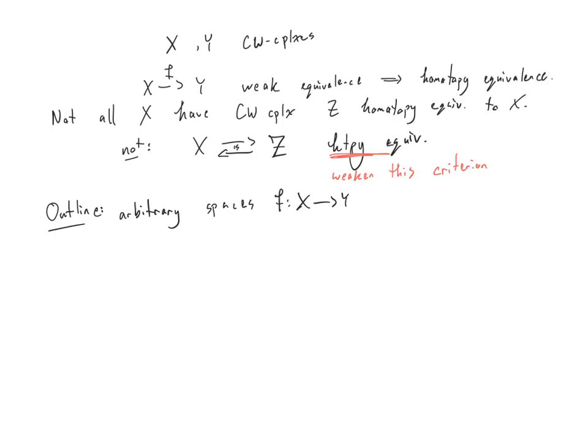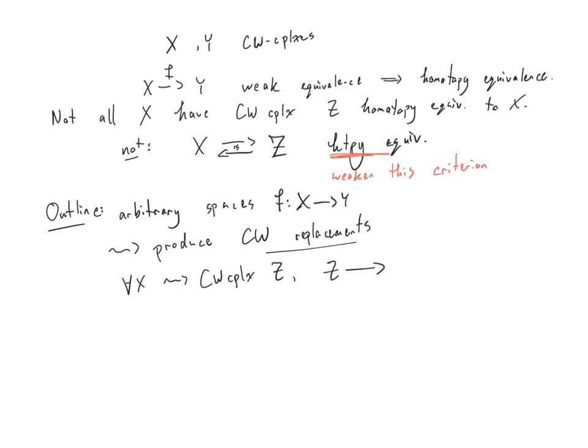Then what we can do is produce CW replacements. So what that means is for any X, we get a CW complex Z and a map Z to X, which is a weak equivalence.